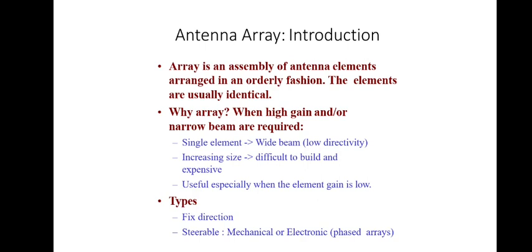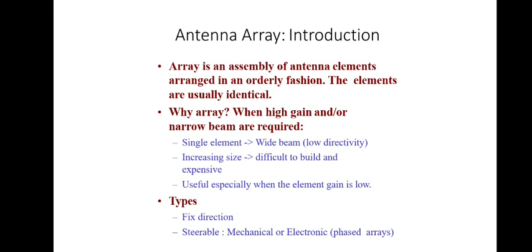So how many types of arrays are there? Generally, there are fixed direction arrays and steerable direction arrays. In a fixed direction array, the array is fixed on a particular axis and gives the directive gain in a particular direction. It cannot be changed or altered. In the other case, there is the steerable one, where the array direction changes with respect to the phase.